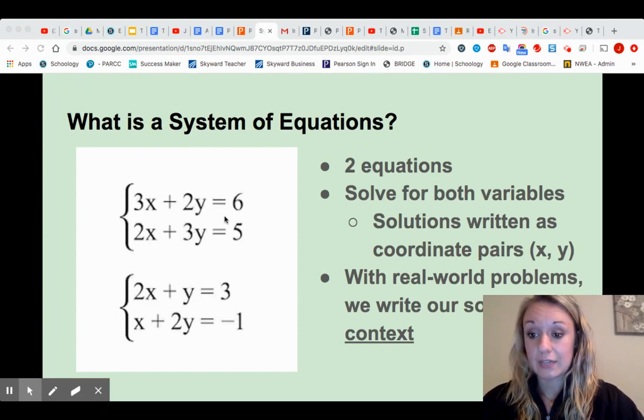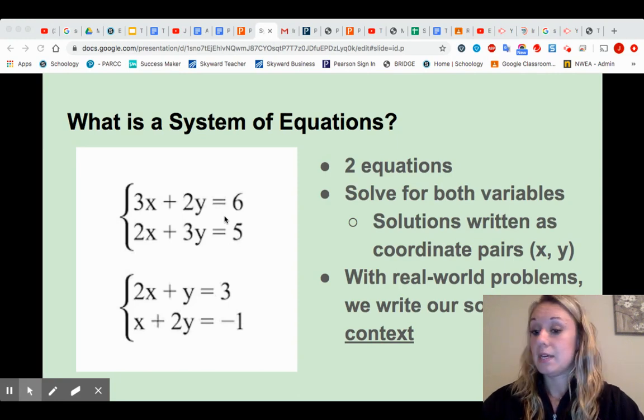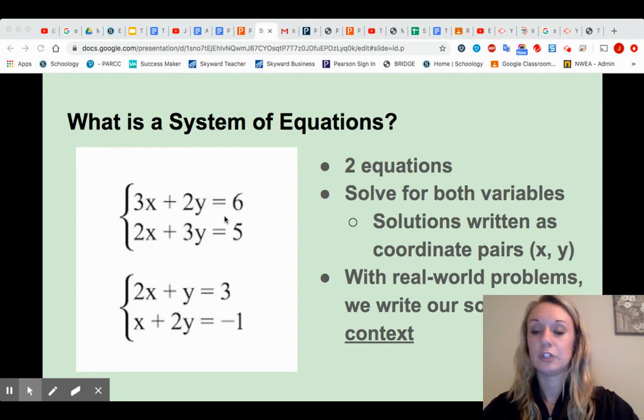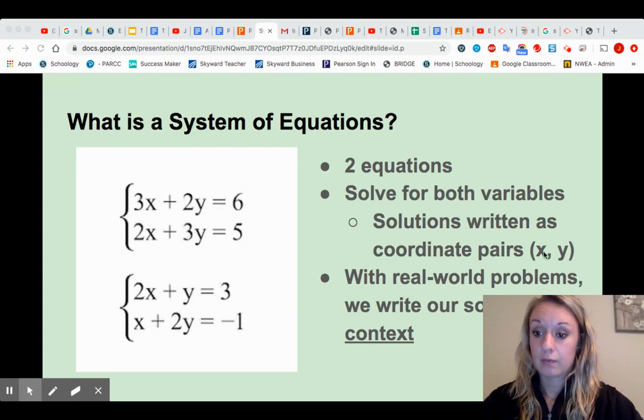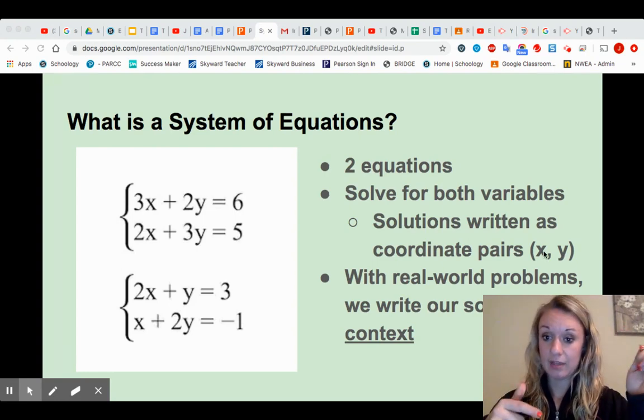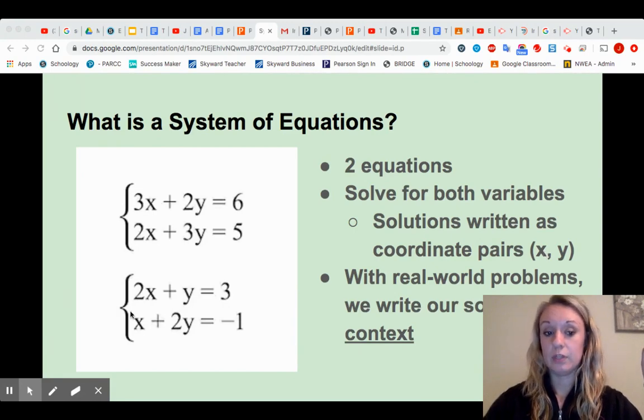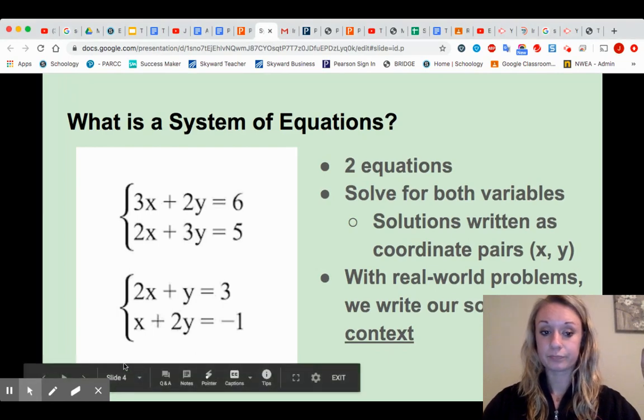Oftentimes we see them as x and y, but it could be a and b, it could be Q and R. But it's two equations that work together to solve for two variables. Remember that we write our solutions as a coordinate pair with parentheses and a comma in the middle. Unless you're talking real world problems, we write those solutions in the context of the problem with units, labels, etc.